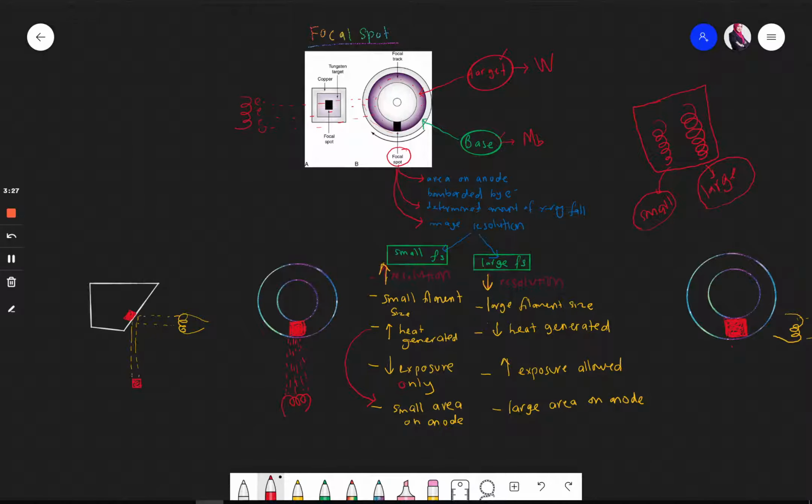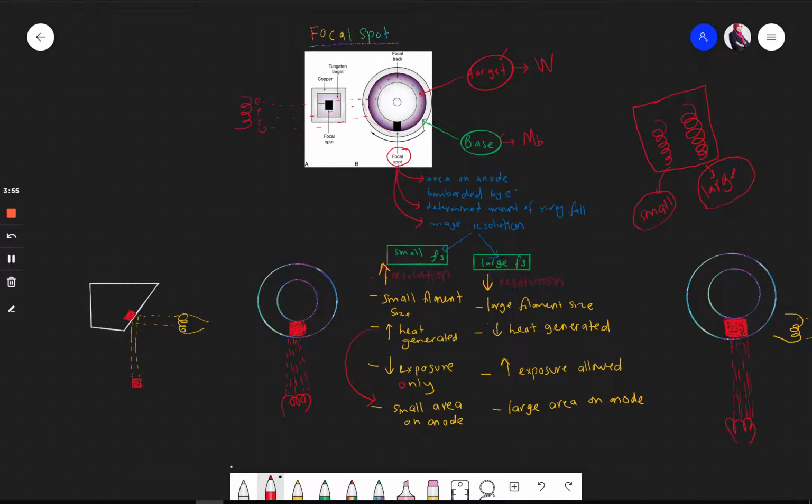That is why the heat generated is large compared to the large focus spot. For the large focus spot, the electrons coming from the filament are spread over a large area, so the heat generated is lower compared to the small focus spot.